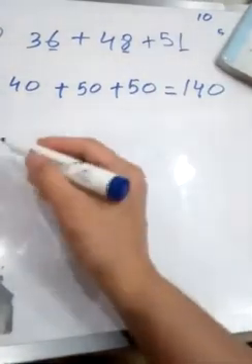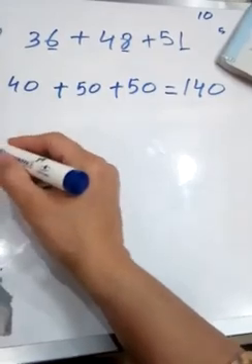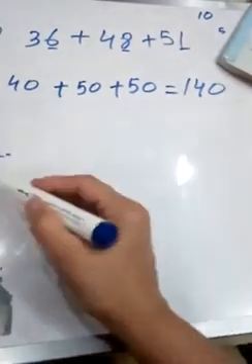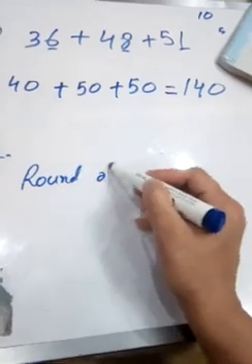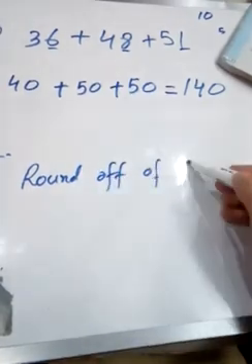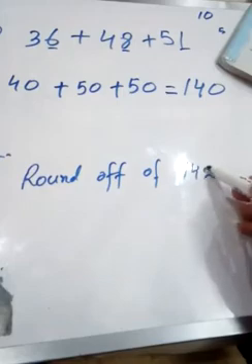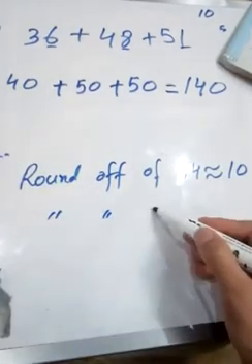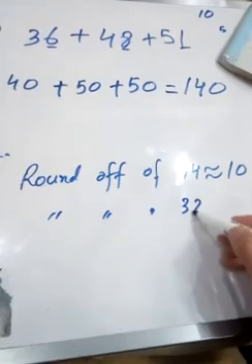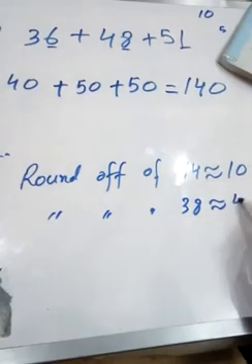Round off of 14 is 10 and round off of 38 is 40.